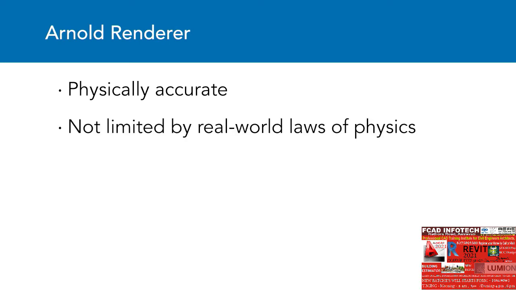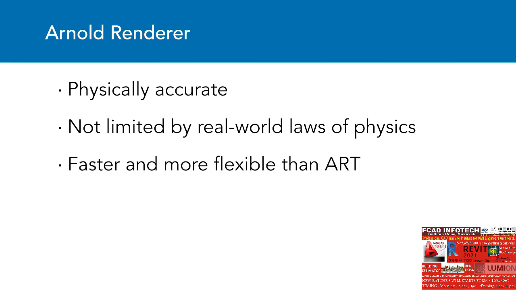Finally, new in 3ds Max 2018 is the Arnold renderer from Solid Angle. It too is physically accurate, just like ART, and the underlying technology is very similar. However, Arnold does not have the limitation of real world physics. Arnold will allow you to break the rules and to do things like cheat light and shadows. Arnold is generally faster and more flexible than ART.